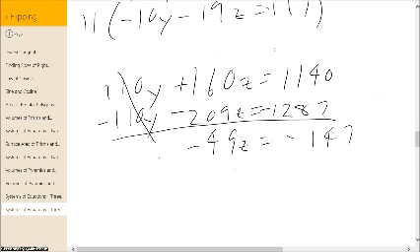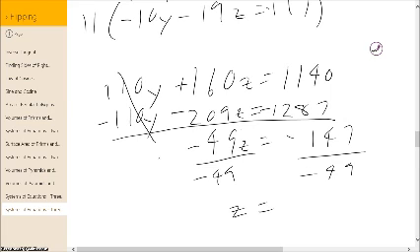We want to get z isolated by itself, so divide both sides by negative 49, and we get z equals 3. Okay, so we've got part of it done.